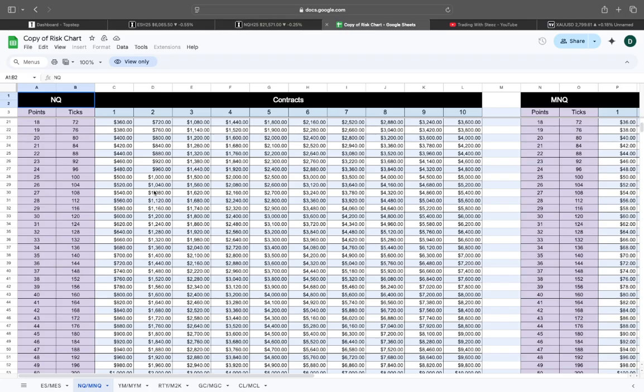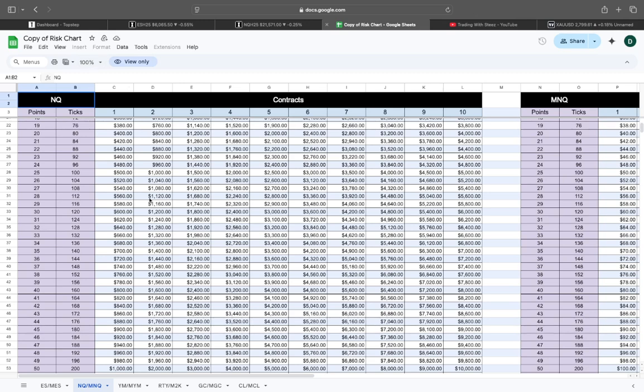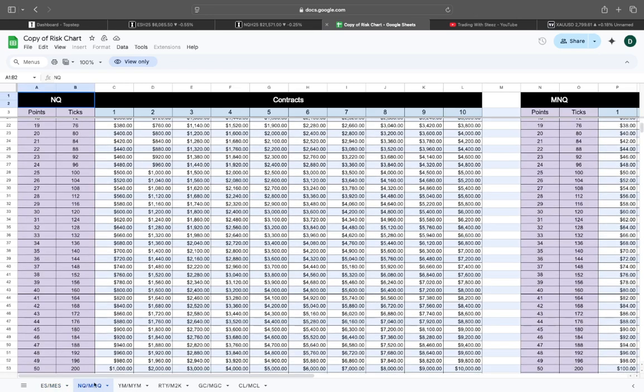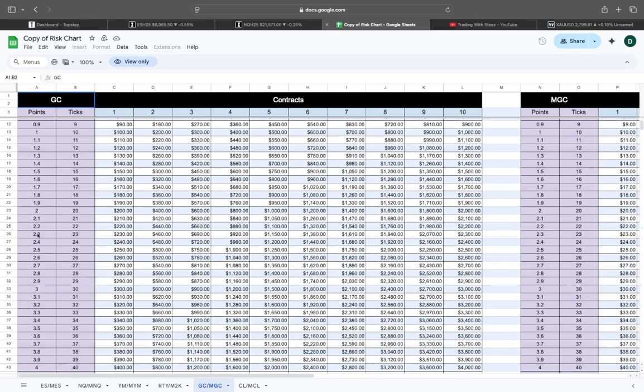Now, this is the copy of a risk chart that I'll have in the description as well for you to choose. So there will be three tabs you use: ES for S&P, NQ for NASDAQ, and GC for gold.